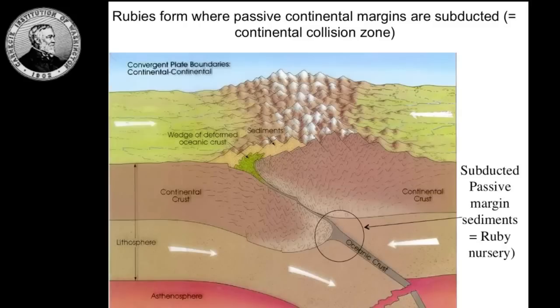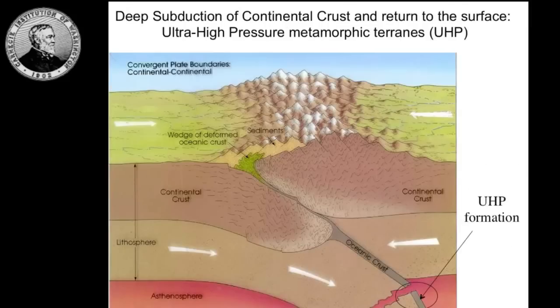Imagine that passive margin is sitting here, just at the leading edge of the continent. And in this region here, you've got ultramafic rocks in very close juxtaposition with aluminum-rich sediments. So that's where we form rubies, in those parts of the subduction continental collision zone.